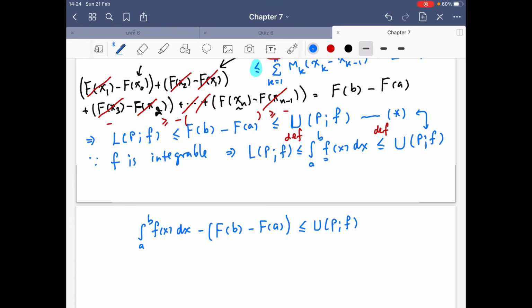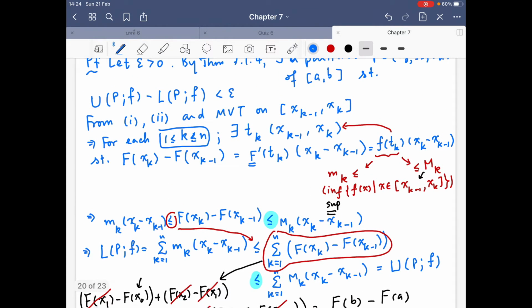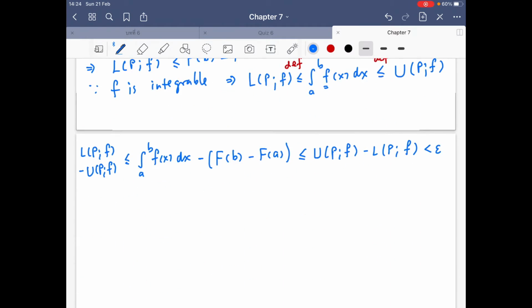So this one will be the upper sum subtract the lower sum, and this one will be the other way around, which is the lower sum subtract the upper sum. However, from the beginning, we know that the upper sum minus the lower sum will always be less than epsilon. So the other way around will be greater than negative epsilon.